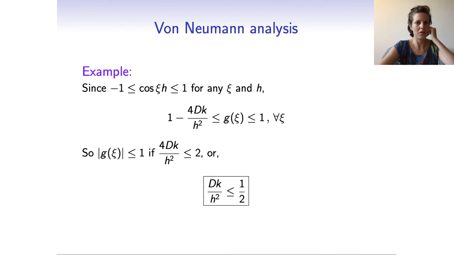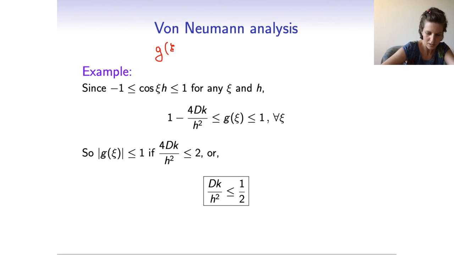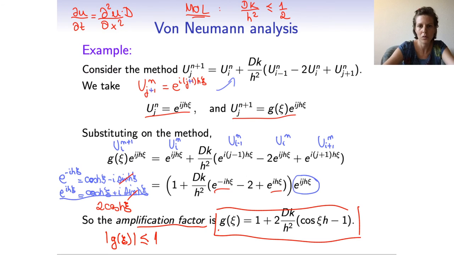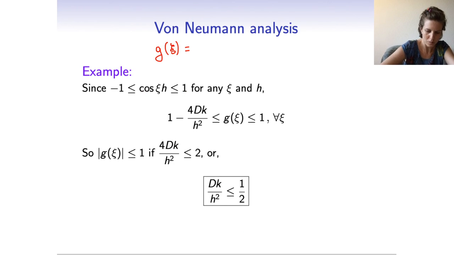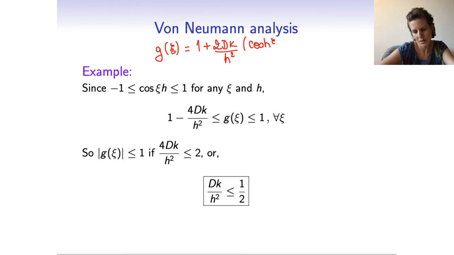So just remember our g of psi is equal to 1 plus 2dk divided by h squared times cosine of h psi minus 1.